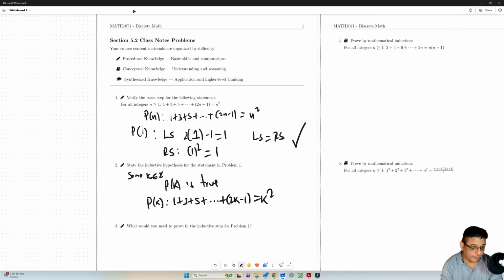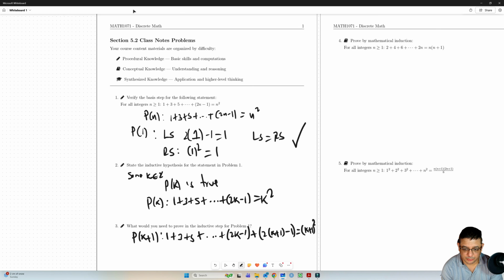What do we need to prove? Now we need to prove the step P of k plus 1, which will be 1 plus 3 plus 5 plus up to 2k minus 1, plus 2(k plus 1) minus 1, is equal to (k plus 1) squared.